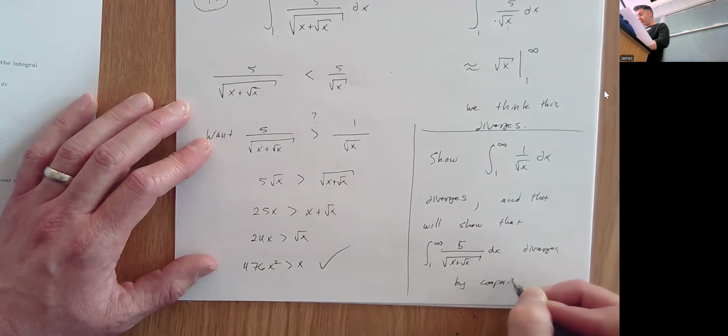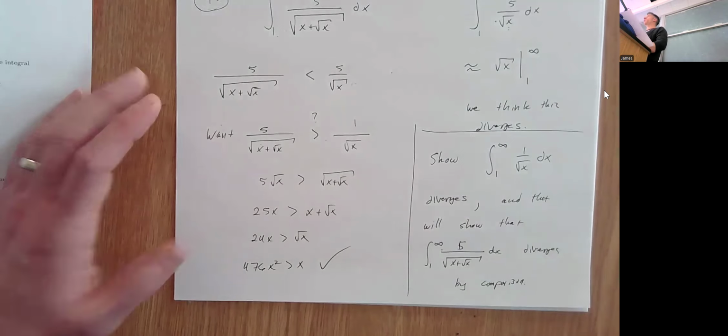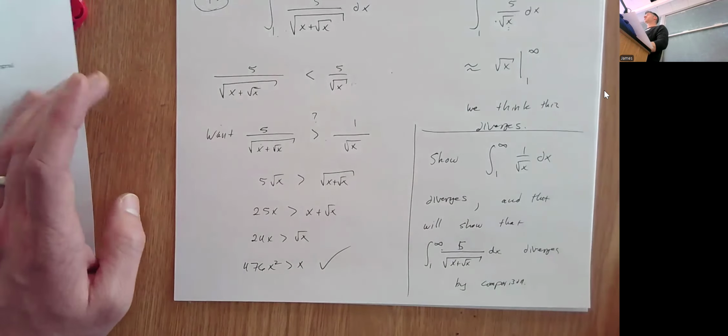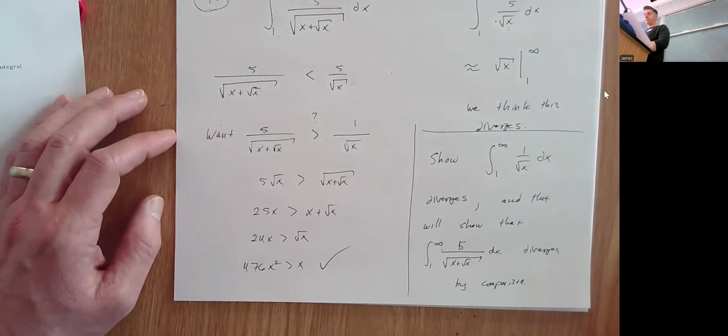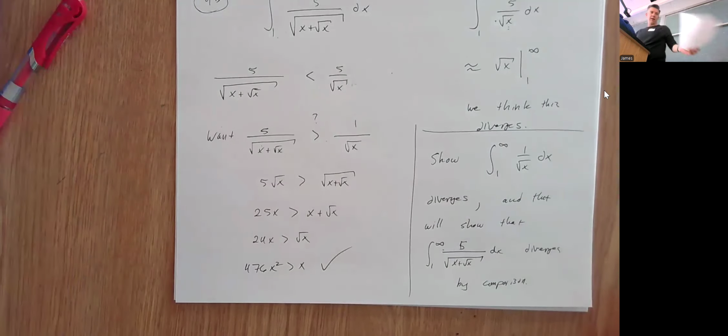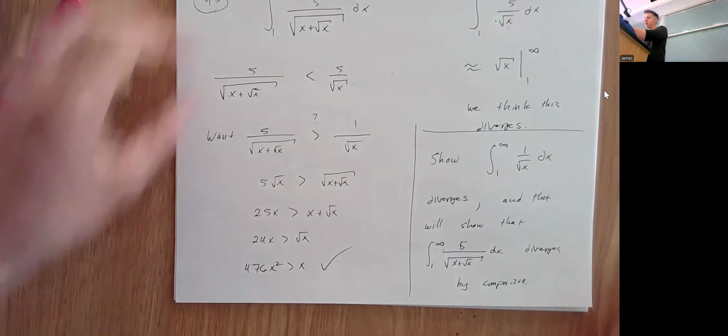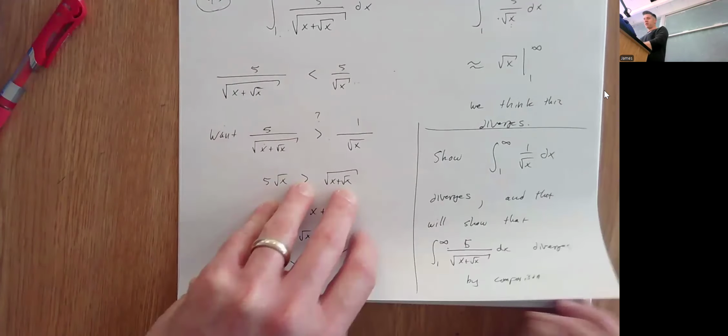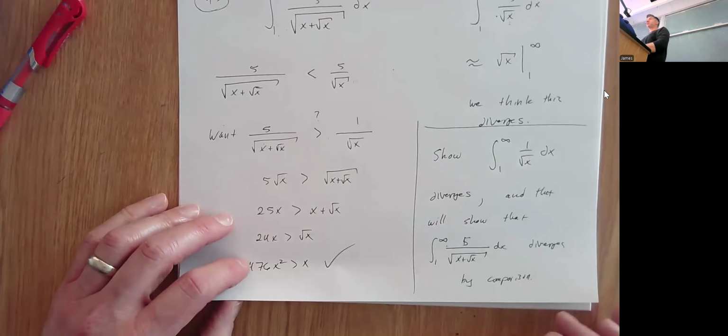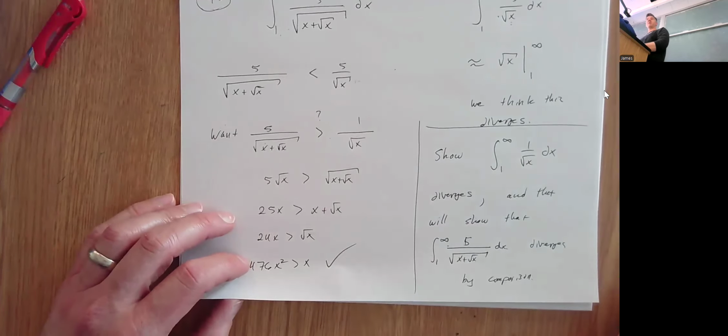So as I said earlier, sometimes it's really challenging to figure out what to compare it to to get what you need to happen. And I wish I had better words to say about that, but that's the story. All right, so in the last 15 minutes here, let's move on to talking about area between curves. That's what's coming up next.